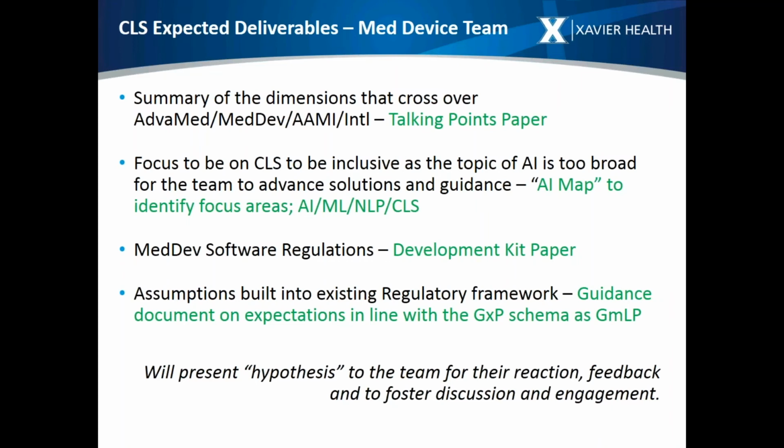We want to be meaningful and focused in going after continuous learning systems and how we might regulate those in a meaningful manner. And again, this GMP scheme seems to fit quite well with this group. And if we're to be clever and creative, we might call it GMLP, good machine learning practices. So we're going to run these through some hypotheses and again, develop solutions and recommendations as our deliverables.